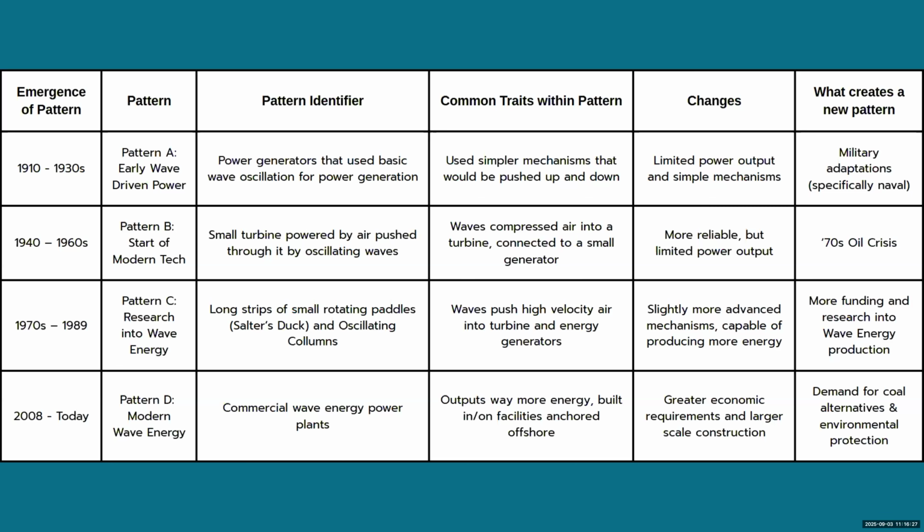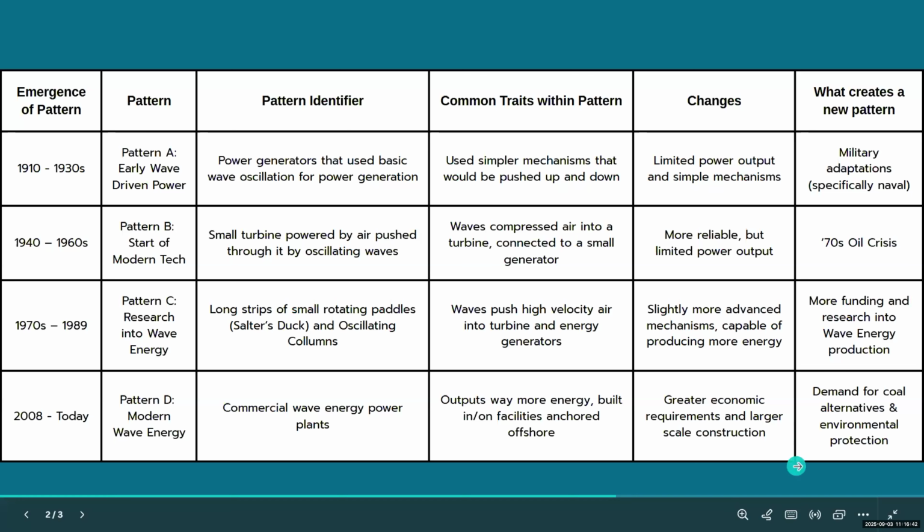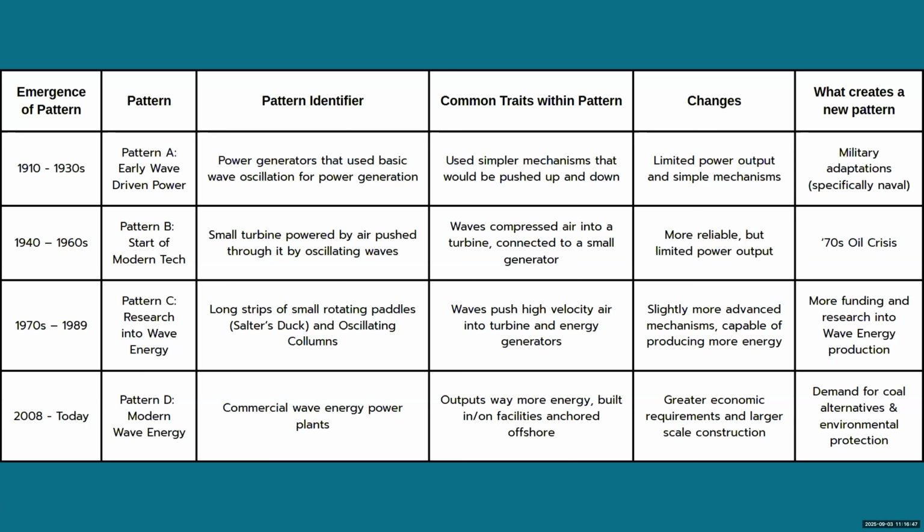But then after pressure from military uses, specifically naval uses, it got developed in the 1940s and 1960s to modernize this tech into something more useful, when they added better technology inside these wave power generators, where they would be able to compress more air faster and harder through a turbine, which is connected to a small generator.